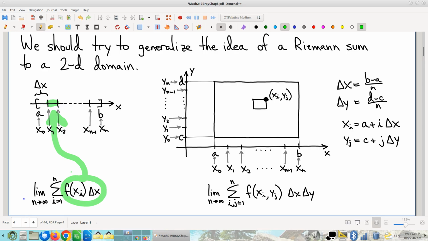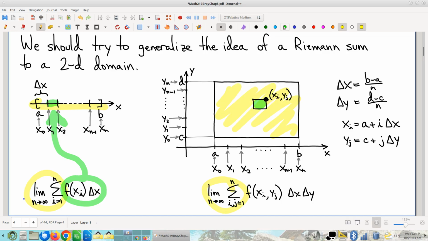All right, so with all that in mind, we're going to do the same thing over here. We got some little piece there, and in the same way that I'm going to add up over all the pieces in single variable, likewise, I'm going to add up over all those pieces here too.